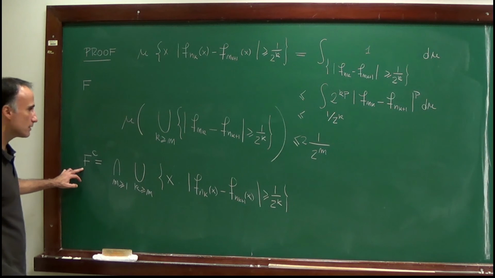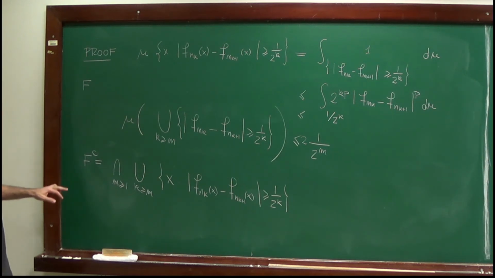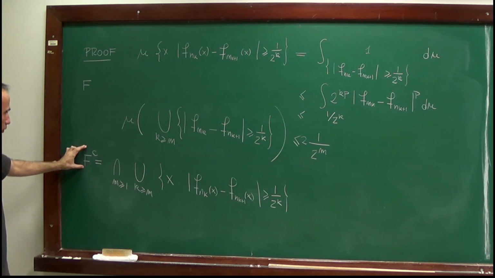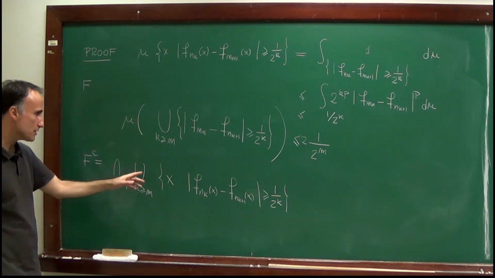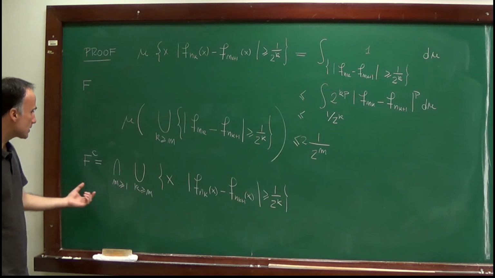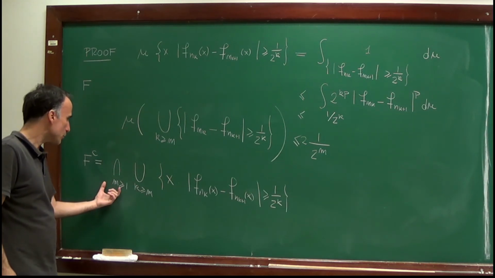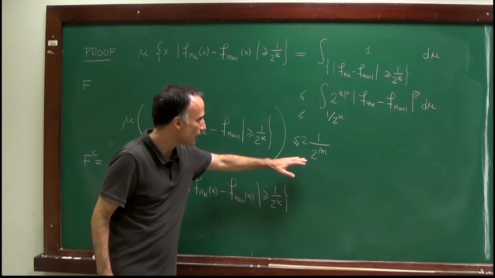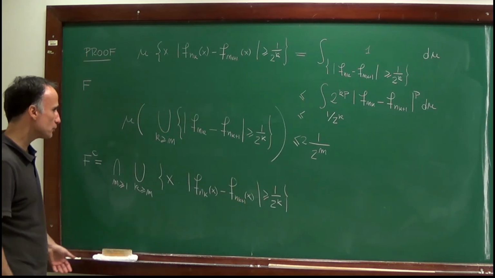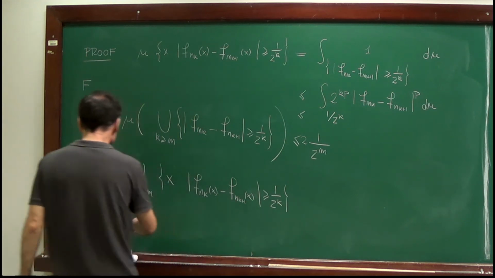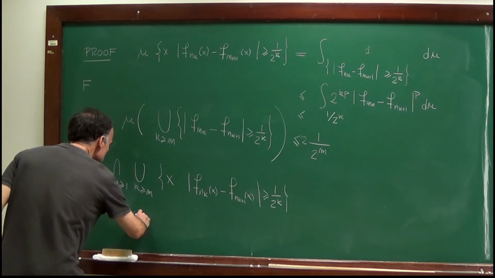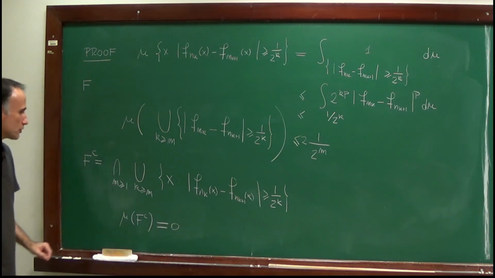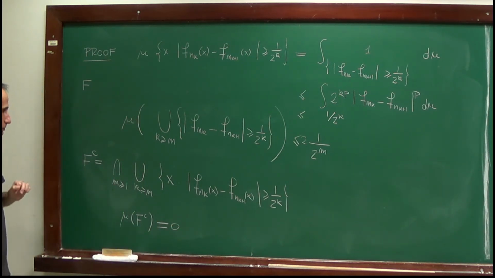And this is our set F complement. So it follows from this estimate that the measure of F complement, the measure of this intersection, is of course smaller or equal than the measure of this set for any m, which is bounded by 2 divided by 2 to the power m. So the measure of F complement is equal to 0. So this was one of the first properties we wanted about this set F.